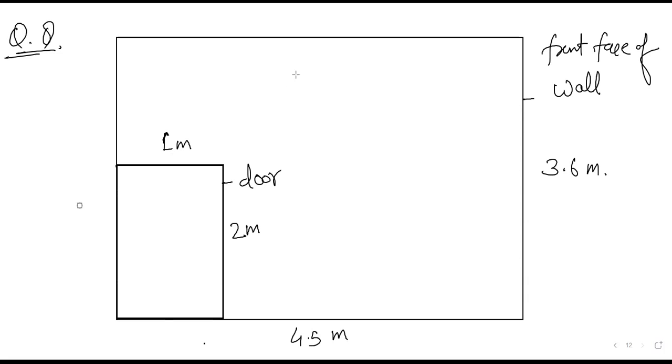Okay, this one is your door, right? So if you want to paint or whitewash this wall, can we paint throughout the wall, or will we remove this one?